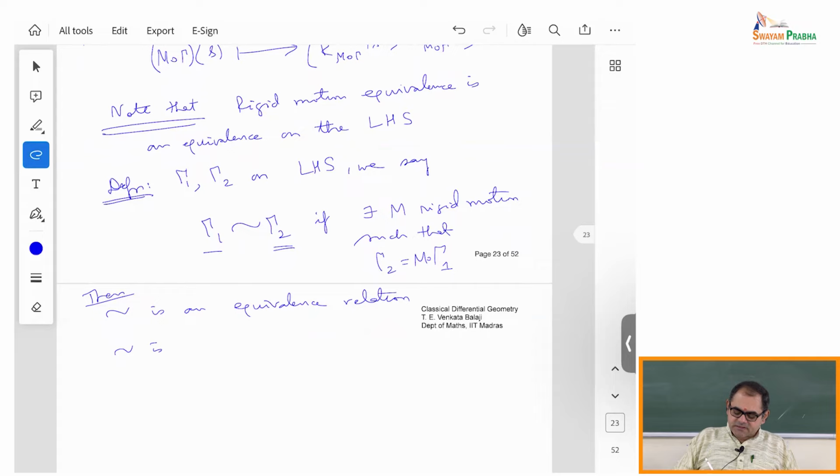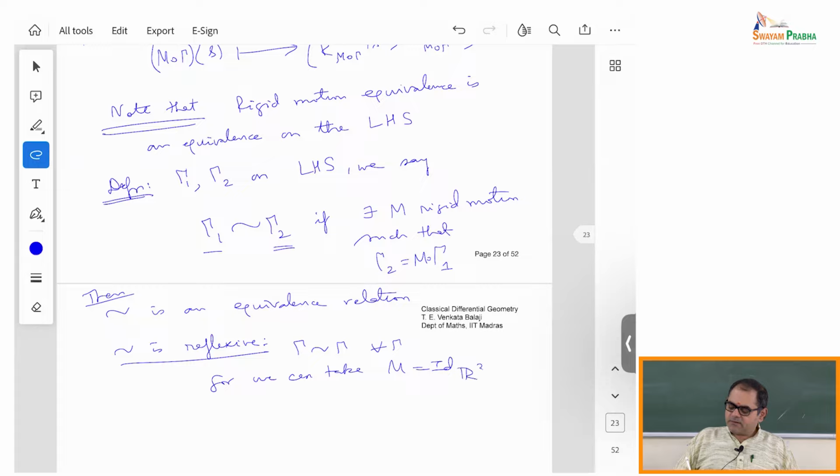This tilde is reflexive. That means gamma is related to gamma for every gamma. We can take M to be the identity map on R3.